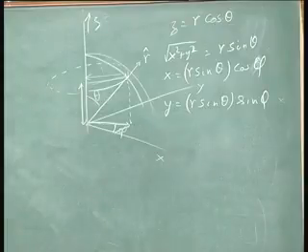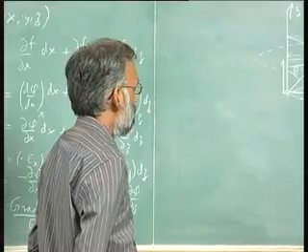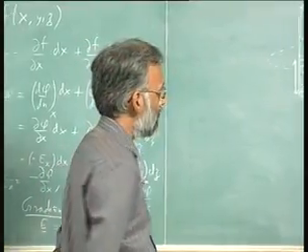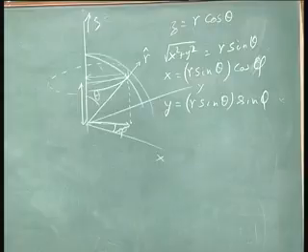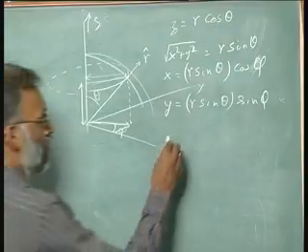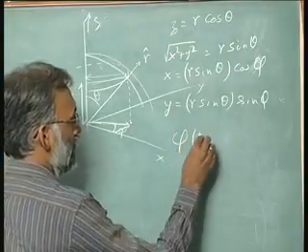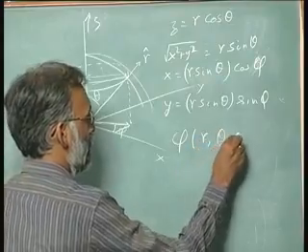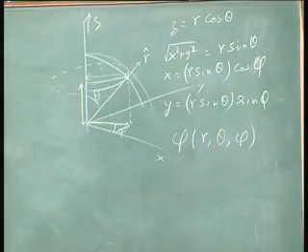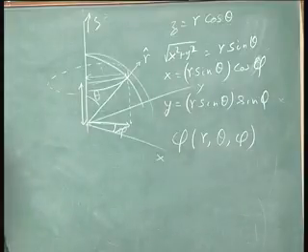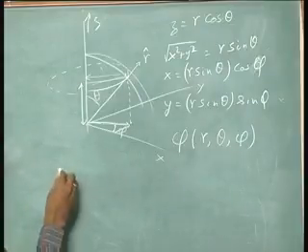This is an exceptionally useful coordinate system. We should know all about it. But in this particular case, what I am interested in finding out is, if I wrote the potential phi as a function of r, theta and phi, what can I get if I want to get the gradient? Well, the answer is that I want to know what delta phi is.